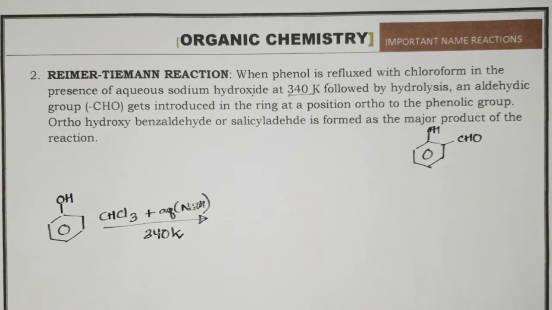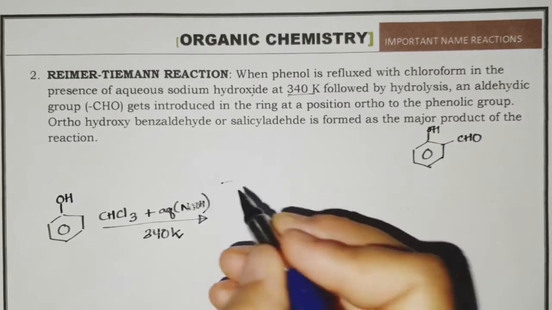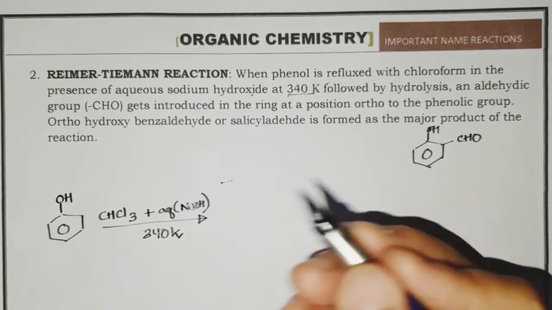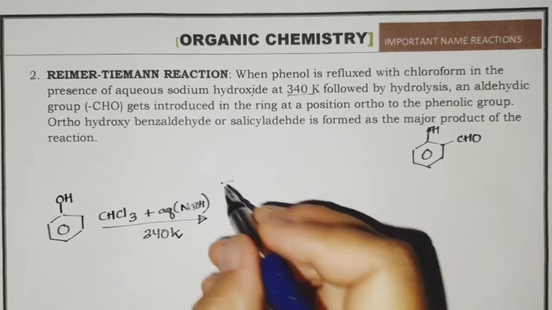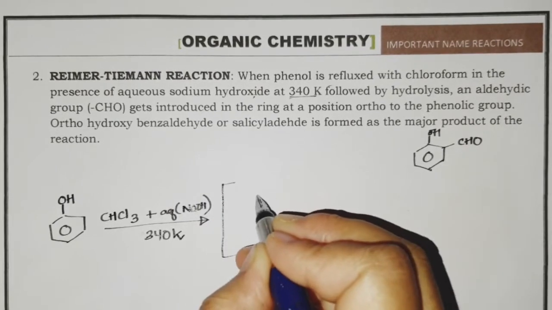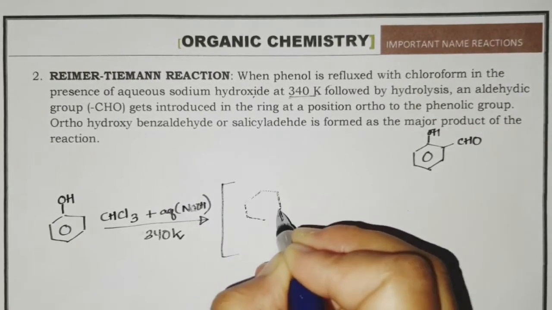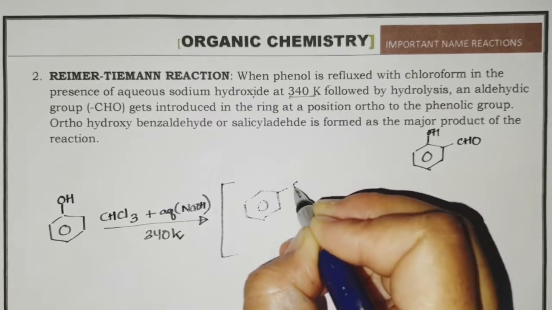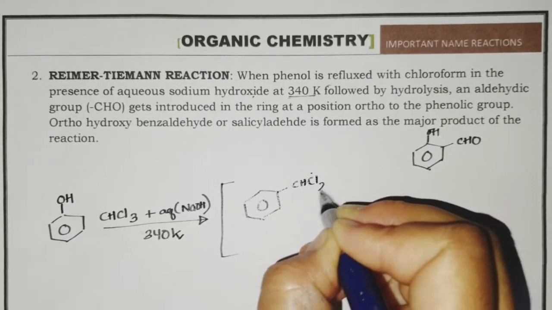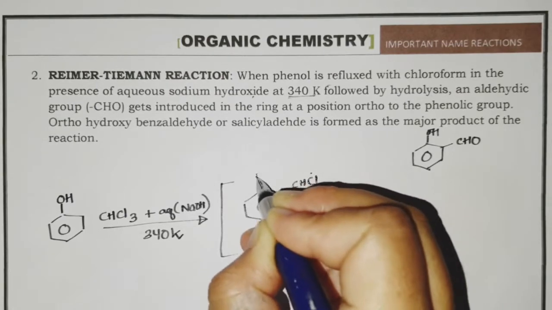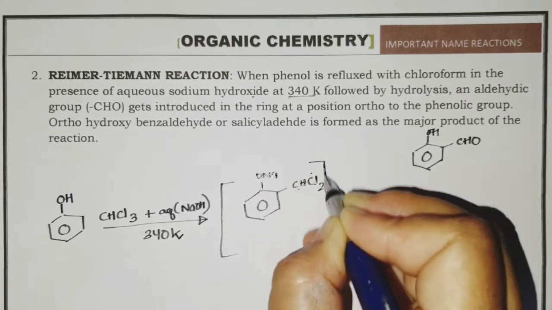Then this will first give a highly unstable species, and that one is dichloromethyl substituted phenol.